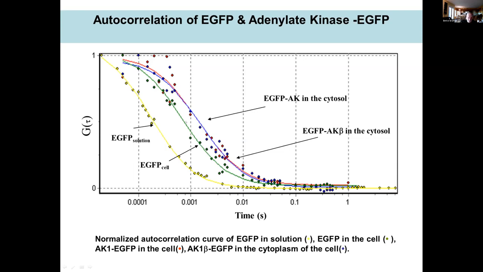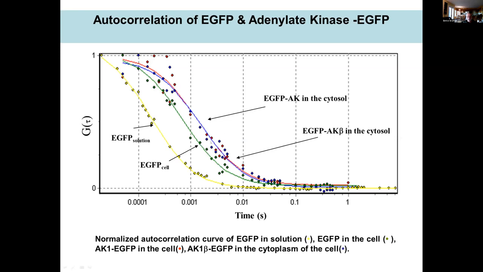Well, this is wrong. And this explanation, which appears in many, many papers, is wrong. It is wrong because many people did measure the rotational correlation time, and the rotational correlation time of GFP in solution and GFP in a cell is about the same. So if it was just due to viscosity, the viscosity cannot change by a factor of 5, or at least the rotational diffusion would not change by a factor of 5.